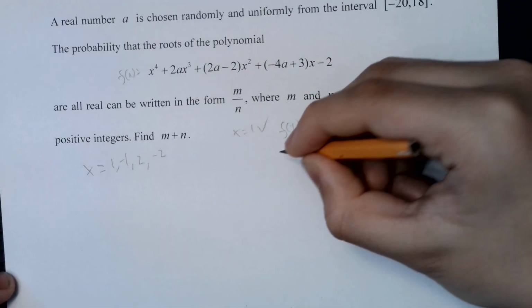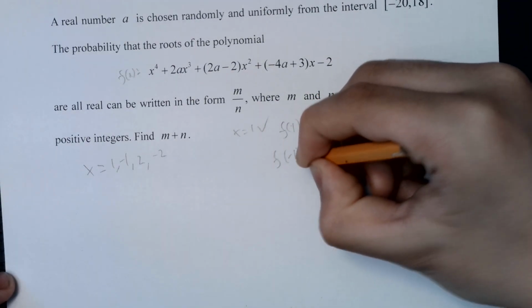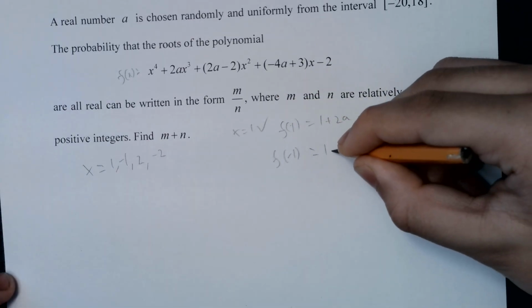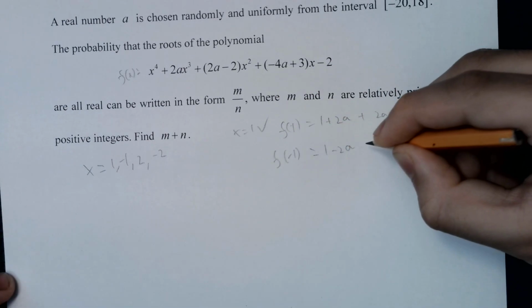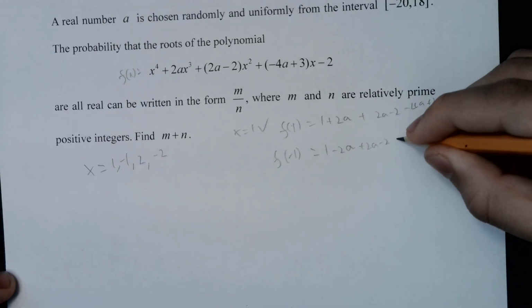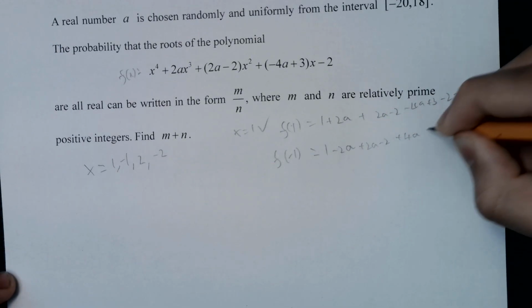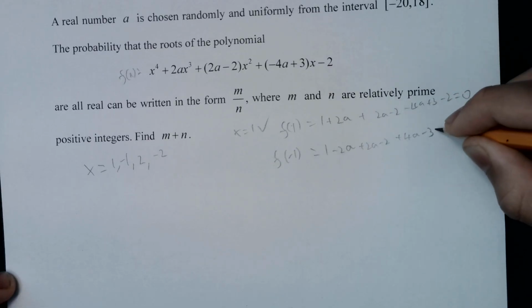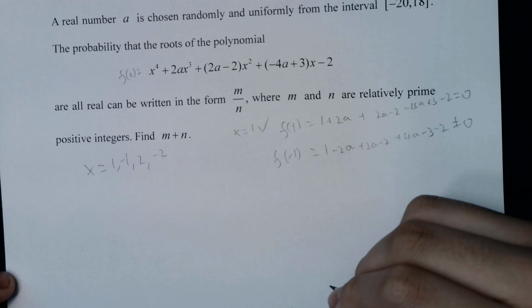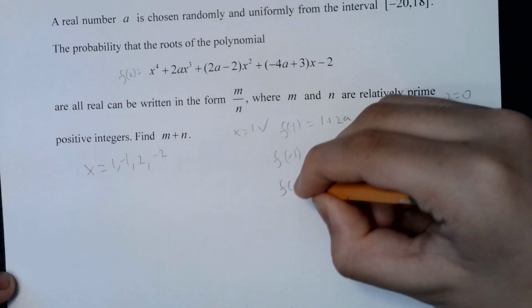Now let's look at something else. Let's look at f(-1). So we're going to plug in -1 into here. Here we get 1 minus 2a plus 2a minus 2 plus 4a minus 3 minus 2 at the end, and this is not going to be equal to 0. Now let's look at f(2).